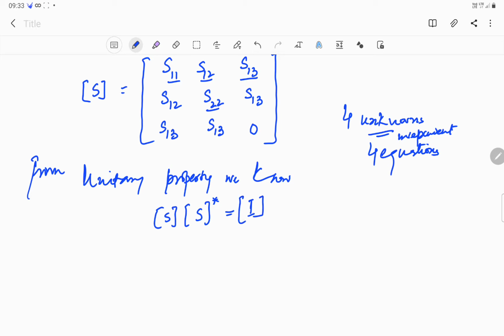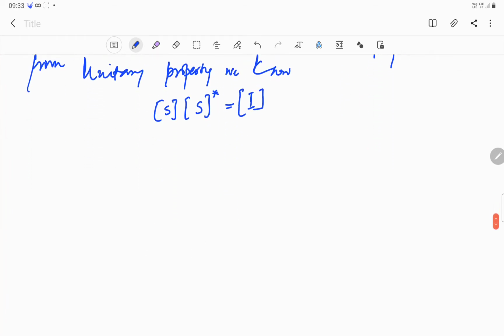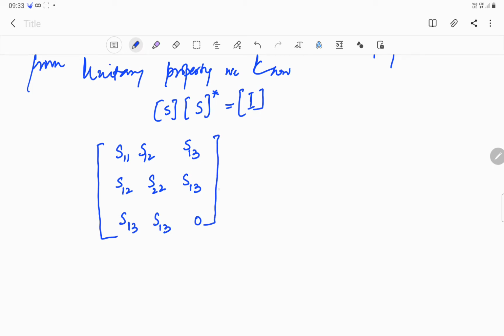So I'll write S as S11, S12, S13; S12, S22, S13; S13, S13, 0. I multiply it with its conjugate, which is S11 star. Star here represents the complex conjugate.